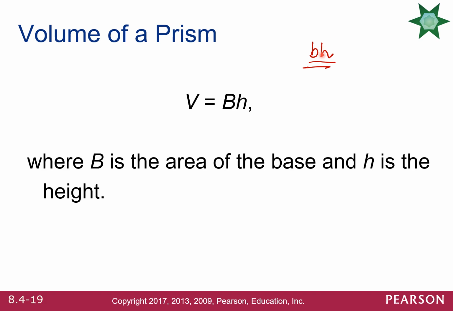The lowercase b is the length of a side, the length of an edge, so to speak. Whereas when we use the uppercase B, that means the area of the base. So the volume of a prism is given by the area of the base multiplied by the height. All right. So let's look into an example problem to find the volume of a prism.